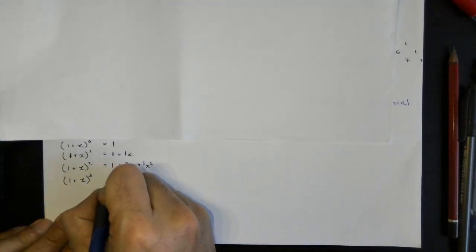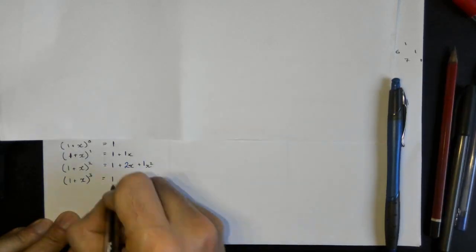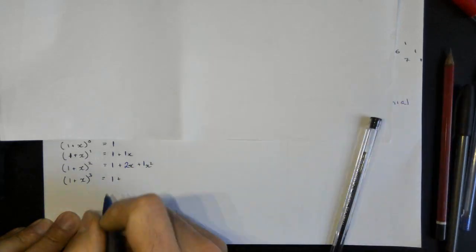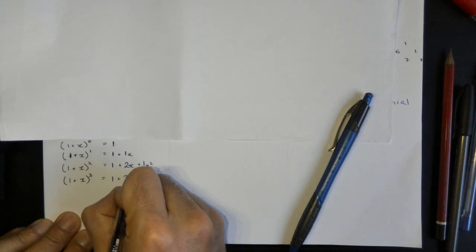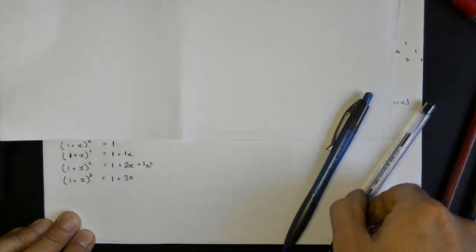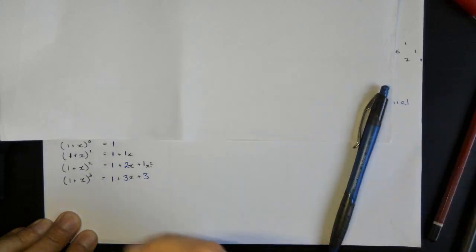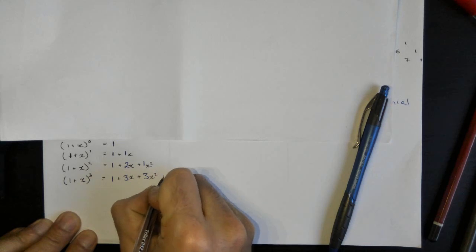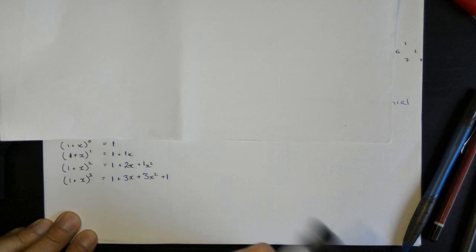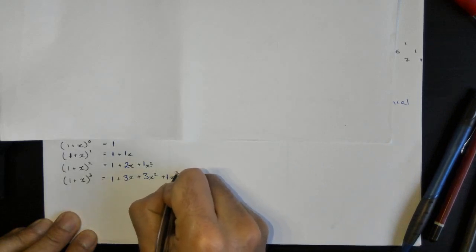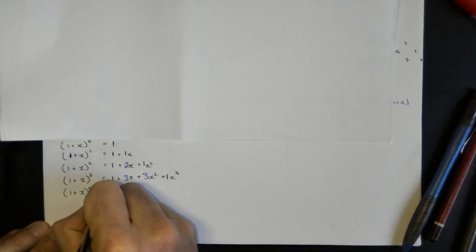I've got (1 + x)^3 equals 1 plus 3x, I'll do it in ascending order, plus 3x squared plus 1x cubed.